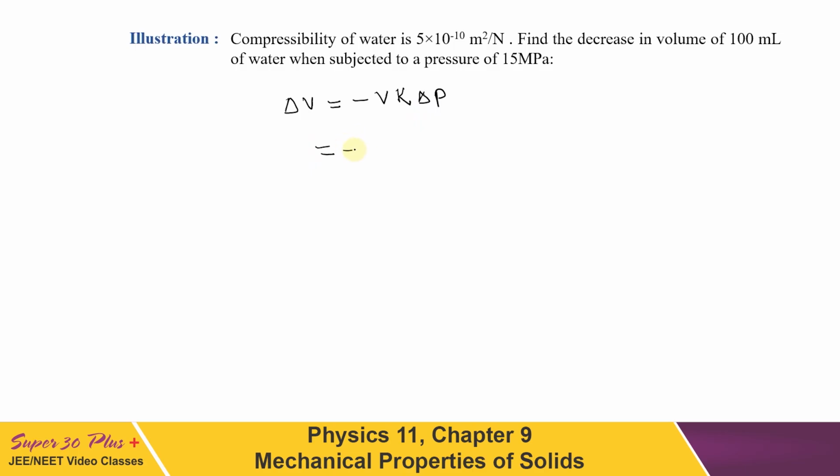This will be minus 100 ml multiplied with 5 into 10 to the power minus 10 into 15 into 10 to the power 6. So this will be minus 0.75 ml. This is the decrement in volume, which is equal to 0.75 ml.